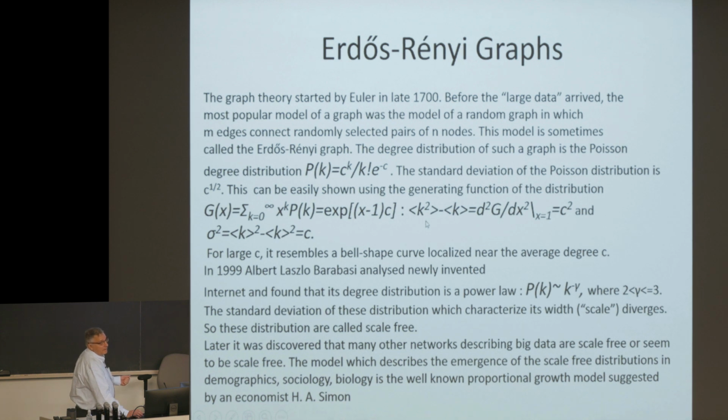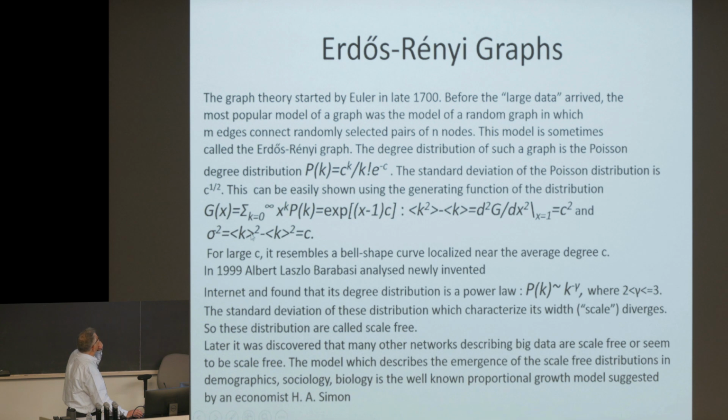Then you can differentiate this g twice, and by differentiation each factor of x in each term becomes just an average of k squared minus k minus the average. It's elementary algebra, and then you can very easily compute the standard deviation, which is the square root of the average of k squared minus the square of the average k.